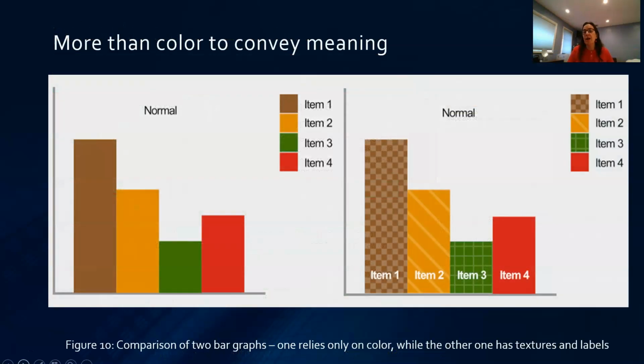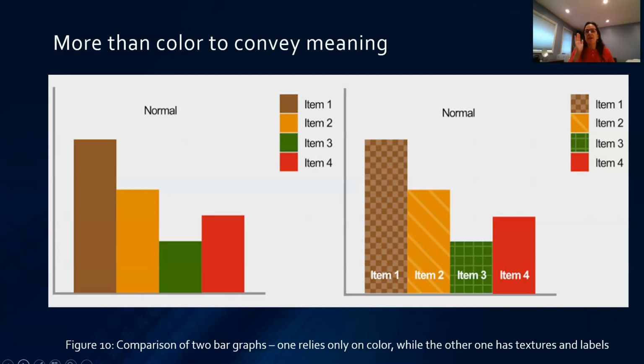Another important thing about color: we should not use or rely exclusively on color to convey meaning. So on my screen, I have the image of 2 bar graphs that are very similar, next to each other, but the one on the left has the bars of different colors, and then it has the legend identifying what color is representing what item, and that's it.